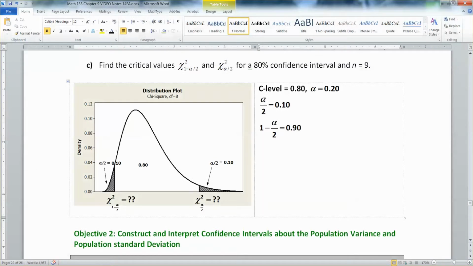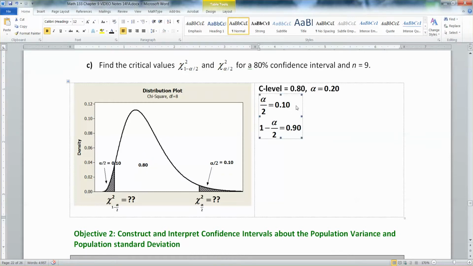Now let me show you that in the picture. So alpha over 2 is this little part right here, 0.10, no trouble. But 1 minus alpha over 2 is for this one over here, because the area to the right of this left-hand bar is the 80 and the 10 put together, which makes 90, 0.90. So you have alpha over 2 and 1 minus alpha over 2.